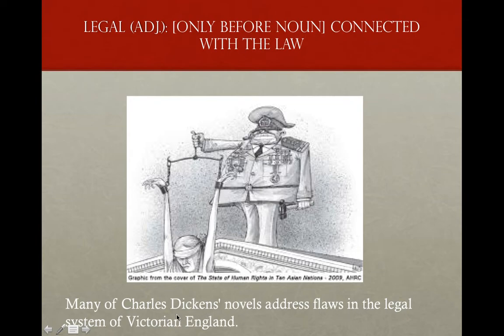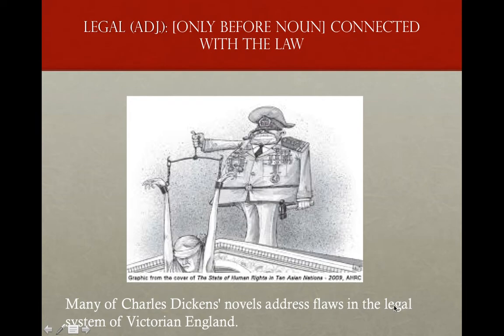He was talking about Victorian England, which is just a period in England, and saying that the legal system was corrupt and had many flaws. It wasn't good enough, and he would always criticize this. He would always use this as reference in his novels.